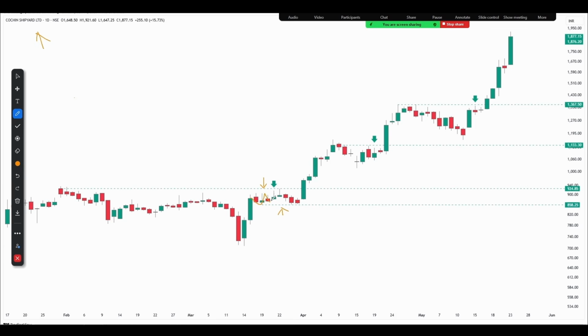Even if the candlestick structure is not clean, it should respect its respective levels, which is this one and this one. And you can clearly see after that the price gave a clean move.